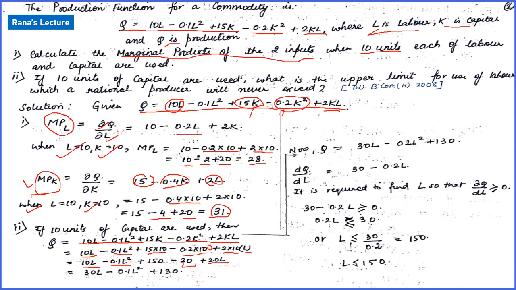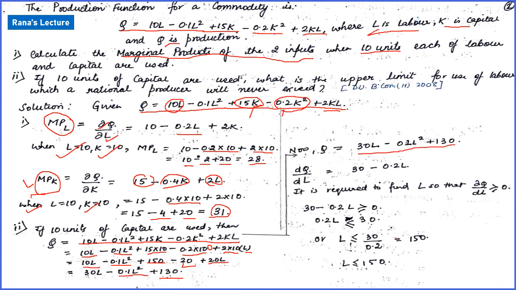Now 10L and 20L, this becomes your 30L, right? 0.1L square, 150 minus 20, that becomes your 130. Fine, this is what you get. Q is equal to 30L minus 0.1L square plus 130. This is what we have copied over here, right?